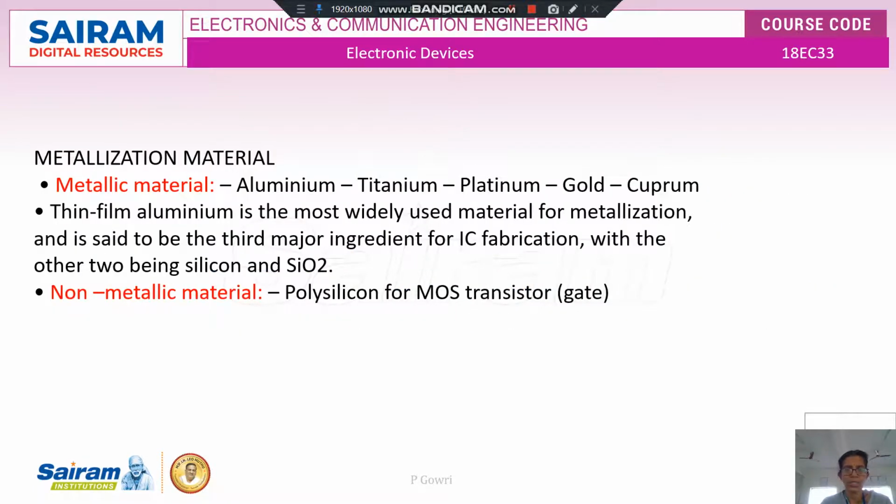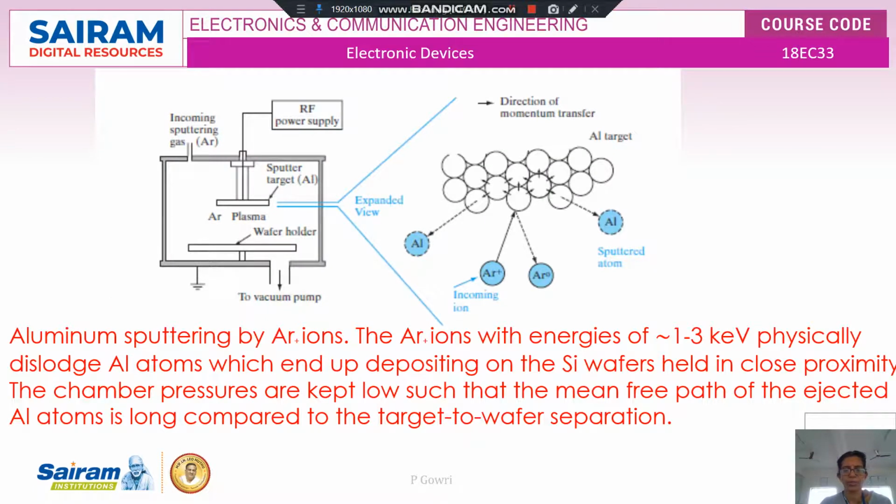Metallization is to make a contact with the outside world, and for that we need aluminum. Along with aluminum, titanium, platinum, gold, and copper are also used. But aluminum is preferable compared to the other materials because it reacts easily with the silicon material. The other non-metallic material popularly used is polysilicon, which is used for the gate of the MOSFET.